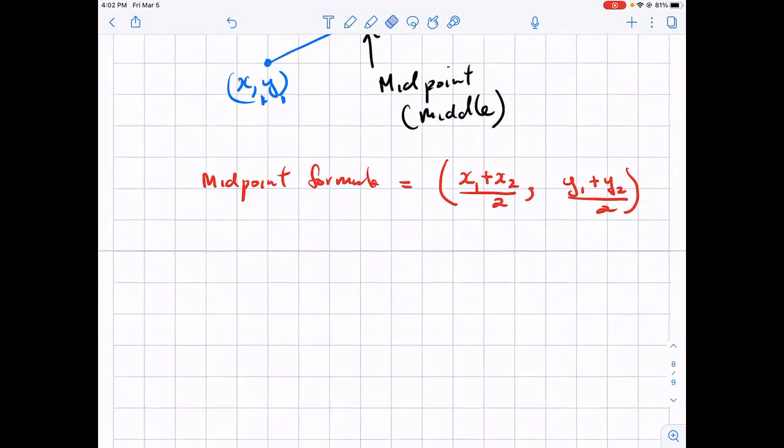So let's look at an example. Let's write that properly. Let's look at an example.